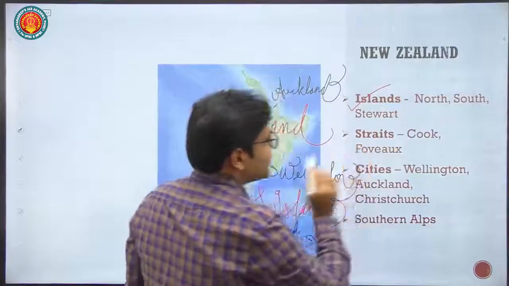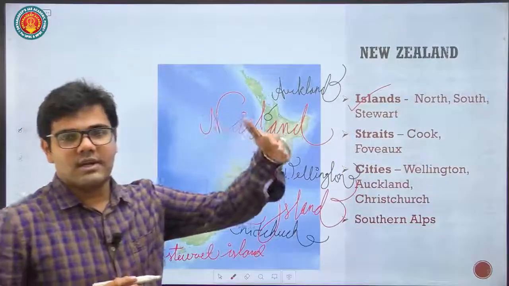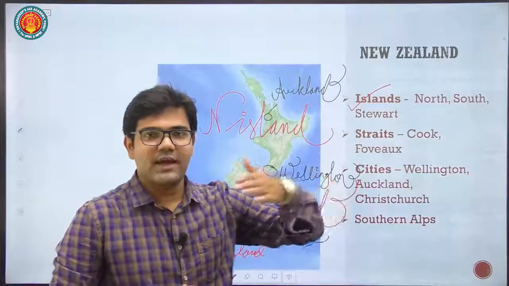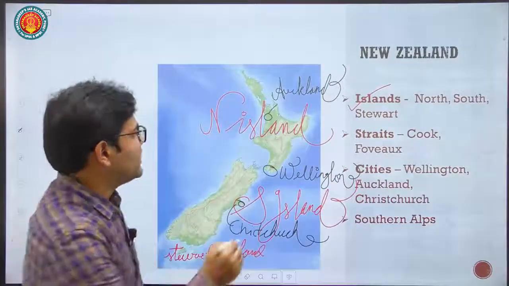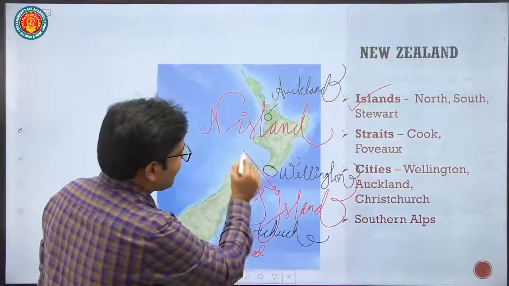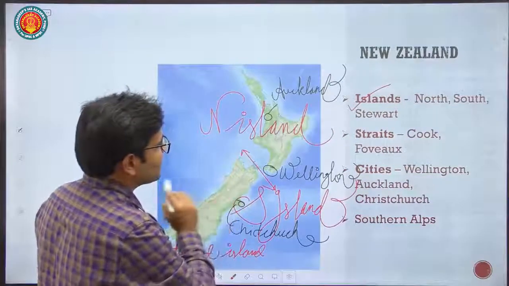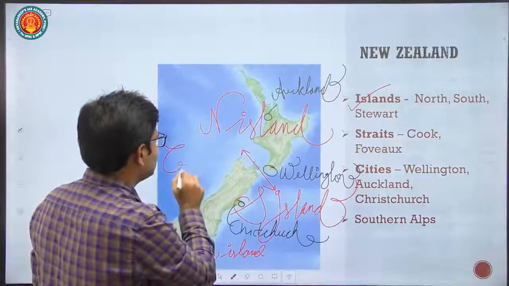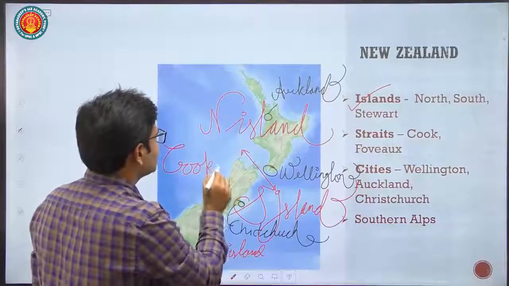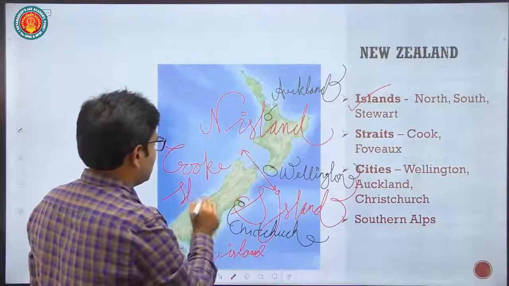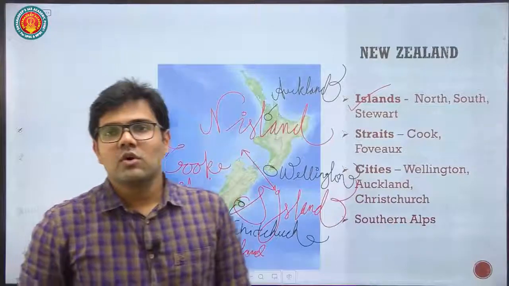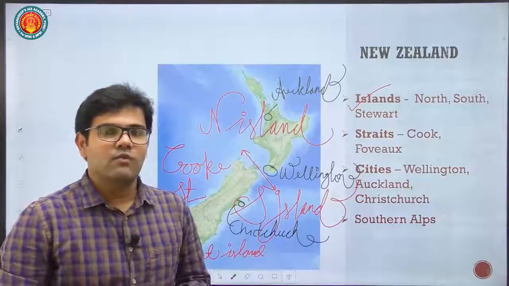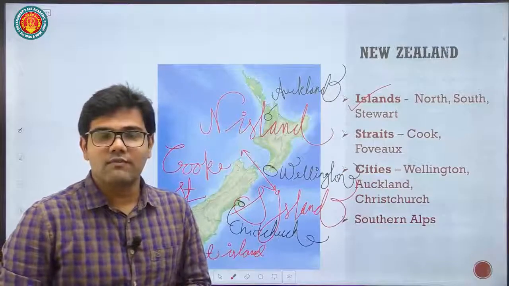Then straits. Important straits we covered: Torres Strait between New Guinea and Australia, Bass Strait between Australia and Tasmania. Now here you can see a small passage of water dividing the North Island and South Island, and this strait is called Cook Strait. Cook was an explorer. Similarly, Tasman was an explorer who first discovered the continent of Australia.